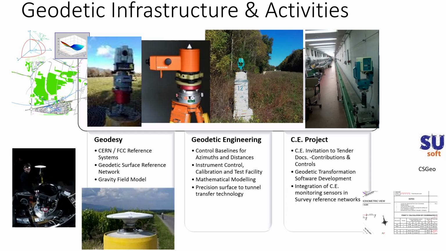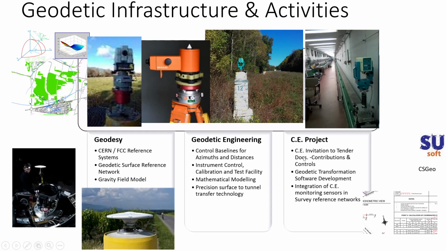You can see on the right of the picture a laboratory for instrument calibration, mathematical modeling, and precision surface to tunnel transfer technology, if we are working on underground tunnel construction and civil engineering projects.